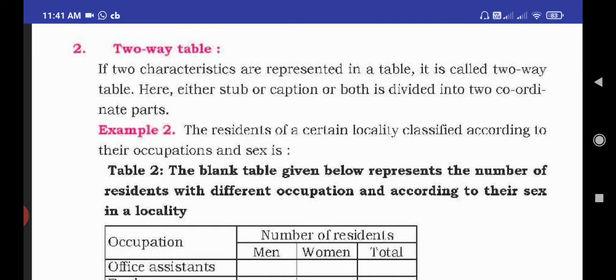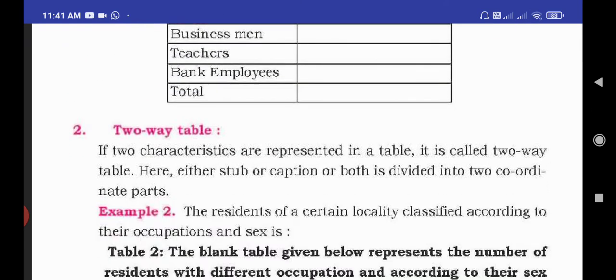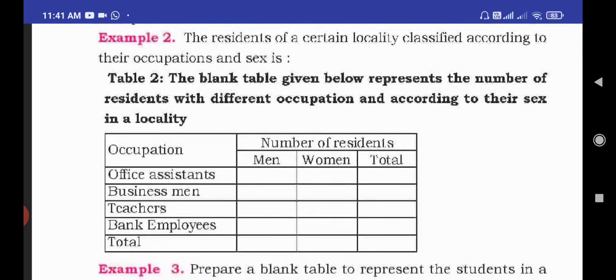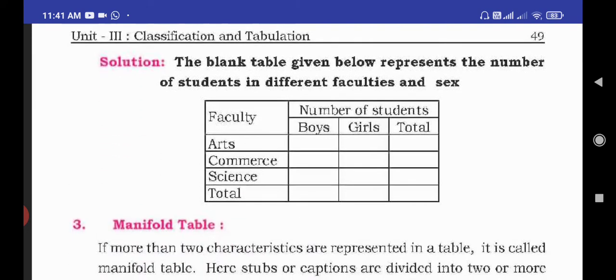Okay students, I think all of you have understood. These are the differences: this is the one-way table, this is the two-way table. Next, we should look at one more example for a two-way table. Faculties: arts, commerce, science and total. Next, number of students.